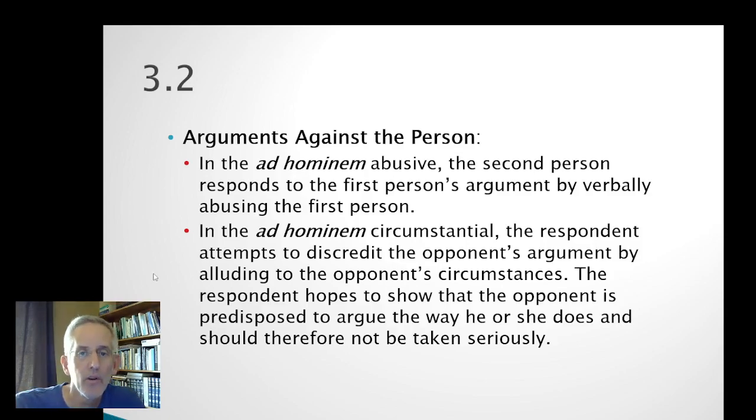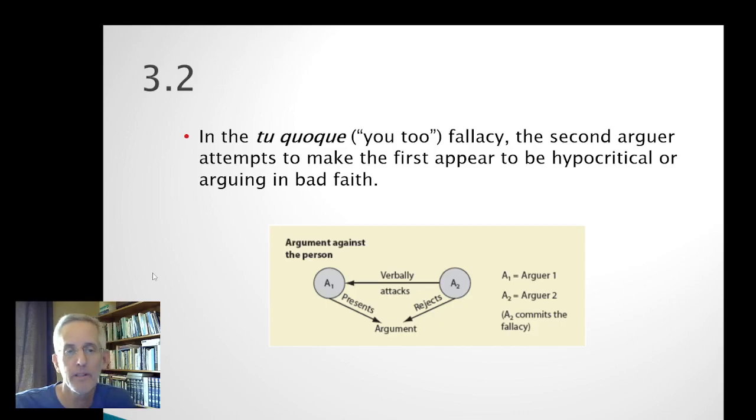And then our third version of argument against the person is called the tu quoque fallacy, or the U2 fallacy. That's what it's usually called in the non-Latin way. In this case, the second arguer attempts to make the first appear to be hypocritical, arguing in bad faith.